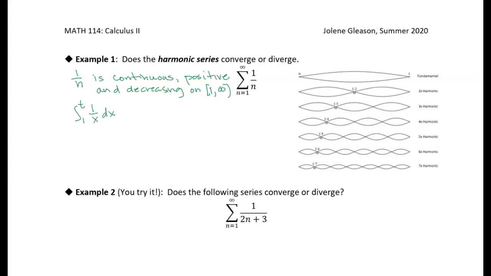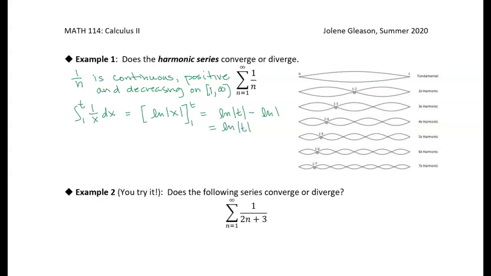When I integrate 1 over x, I get the natural log of x, and I want to evaluate that from 1 to t. When I put in t, I get the natural log of t. Then I evaluate the lower bound, so I get the natural log of 1, and that's just 0. So essentially I've just got the natural log of t.